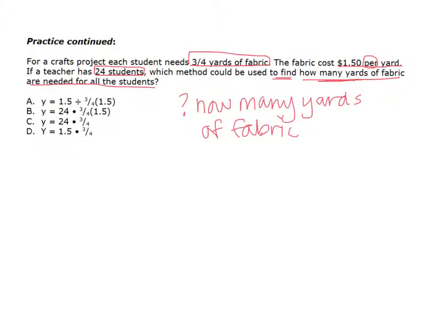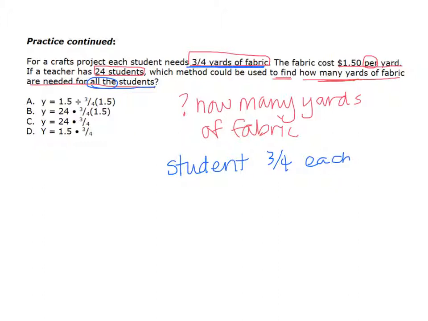All right, so I've circled some numbers, I've underlined my question, I've rewritten my question. Now I need to go back and look at it. Do I need everything that I underlined? Well, let's see. Each student needs 3/4 yards of fabric. Well, I know that because we need to know for all the students. So the students need how much? 3/4 each.